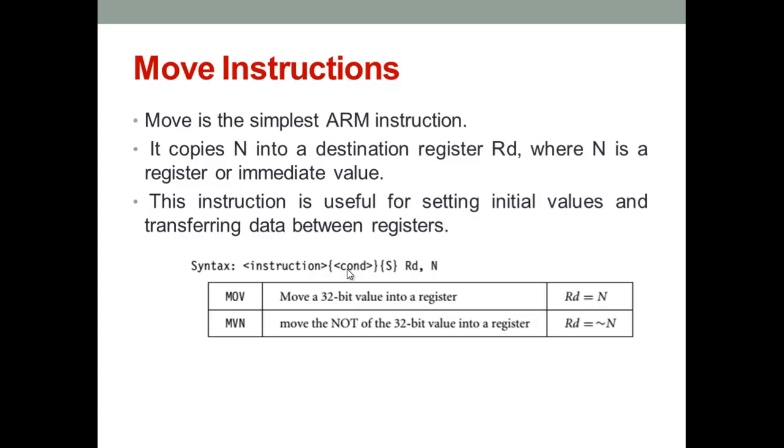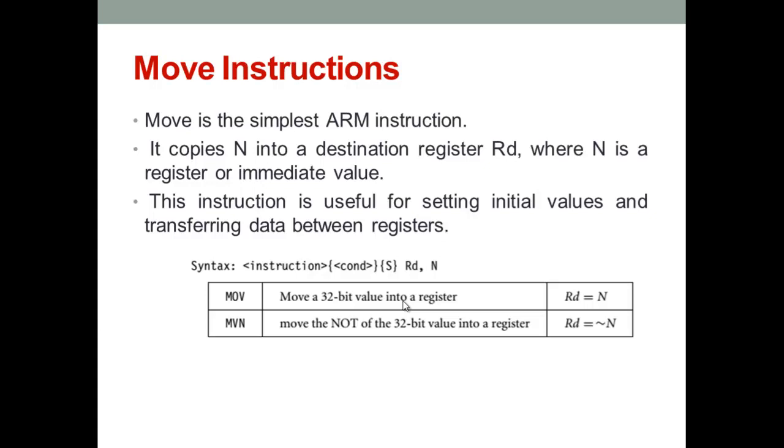So I can have something like move greater than or move less than. The next is the suffix S. S indicates your status register. So if I have an S along with my instruction, it means that I would have the luxury of updating my status register.